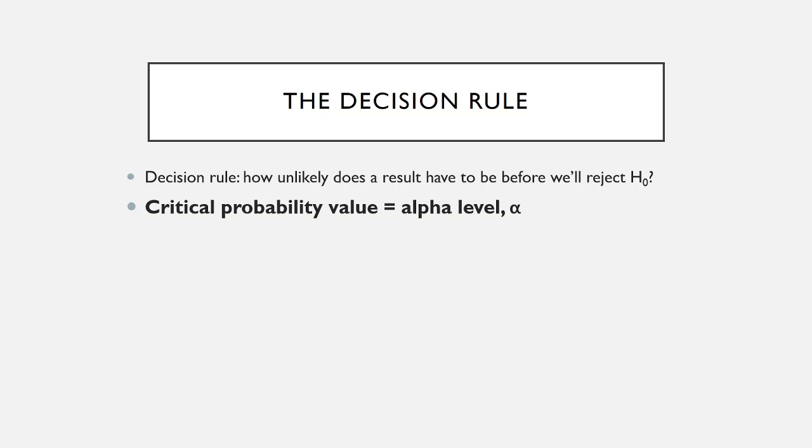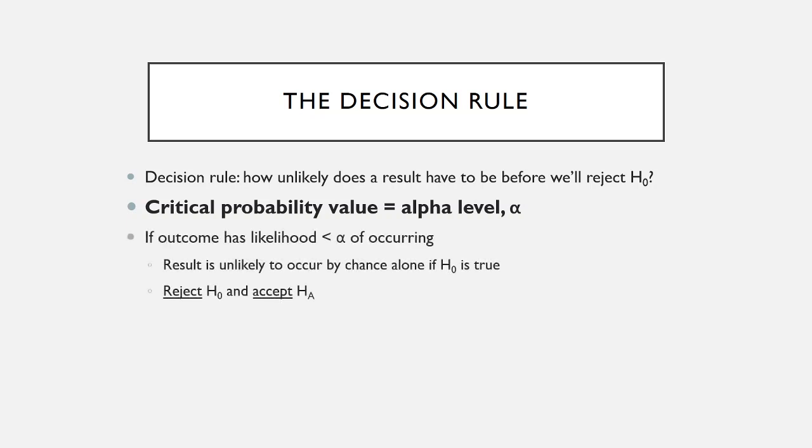If you see an alpha level in the context of significance testing, it likely stands in for your critical probability value. This is going to be the standard that you set for yourself of the chance you'd be willing to take of coming to a mistaken conclusion should you declare you have found an effect.